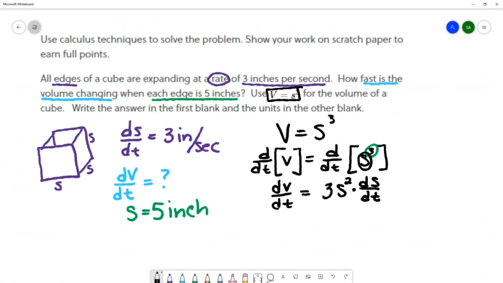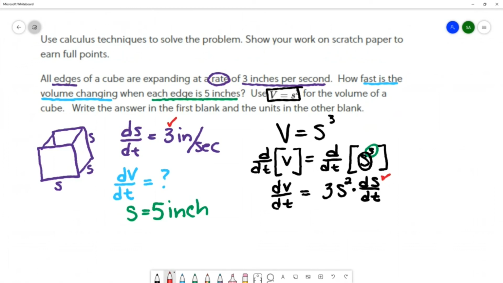And I'm going to take a look at the formula I have as well as the given information and make sure I have everything I need to solve this question. Looking at this given information, I have ds dt, which is 3.